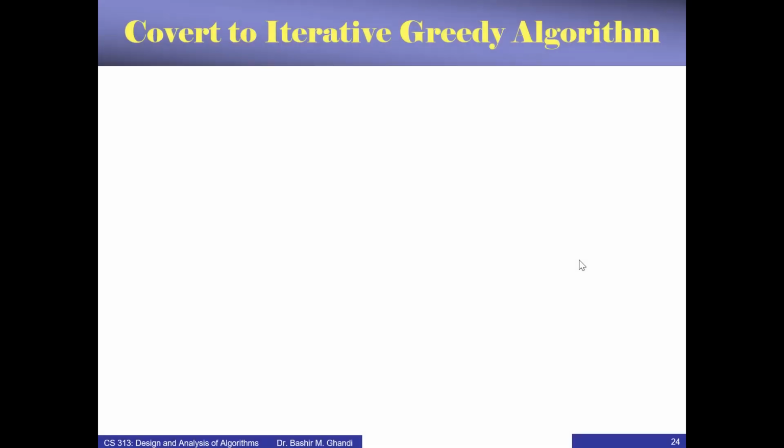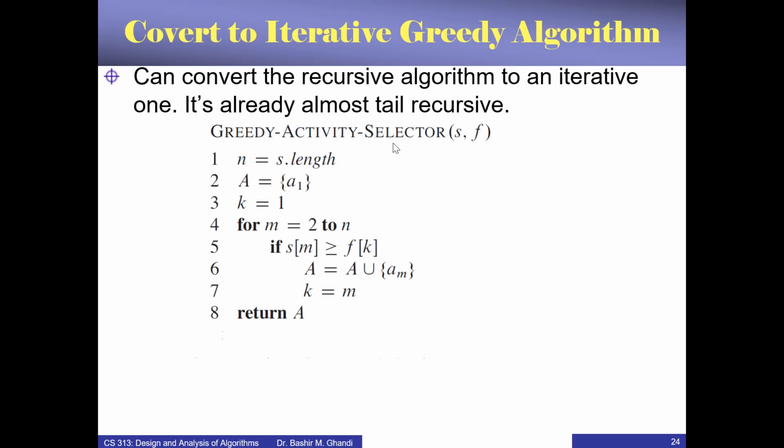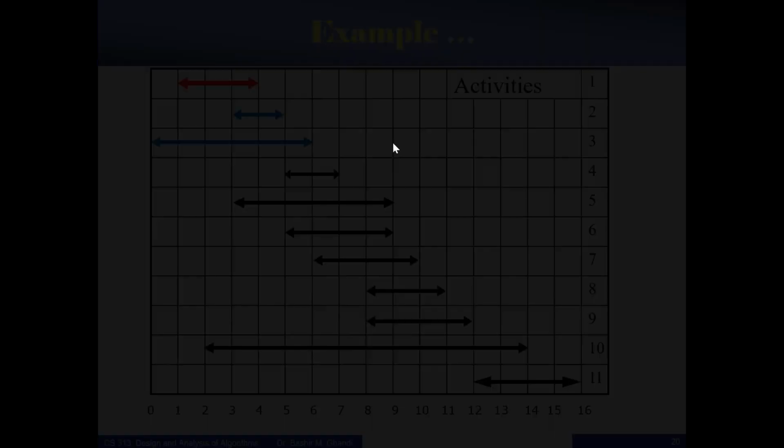Now the final step when solving a problem using greedy approach is to convert your recursive routine to iterative version. We can convert the recursive algorithm to an iterative version. It was already almost tail recursive anyway, because if you notice, the only thing left... let me just go back to the recursive one just to show you that it's almost tail recursive.